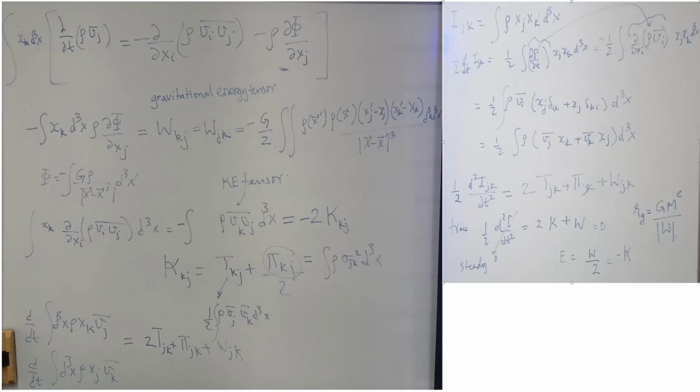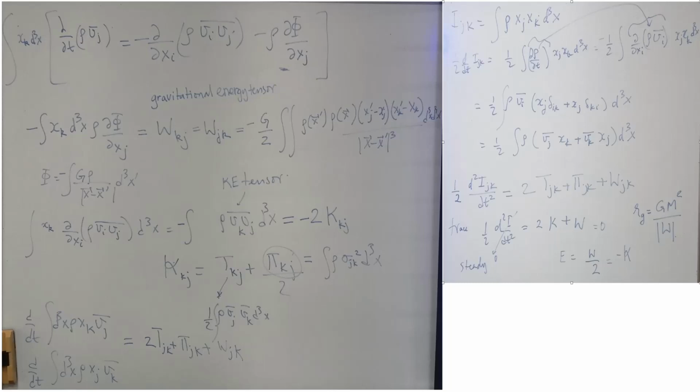Let's look at this term. What does this give you? That would be just minus the integral of xk rho dou phi dou xj d3x. This is actually Wkj, and this is called the gravitational energy tensor. And it's symmetric, equal to Wjk.